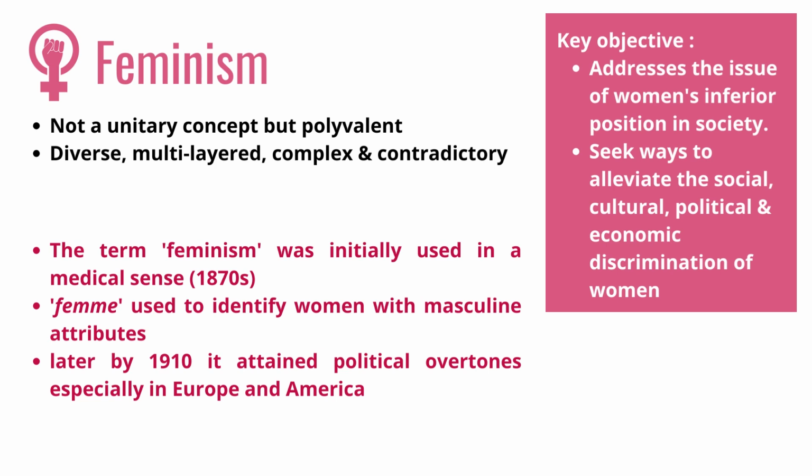So, the basic agenda of feminist writers or activists is to address the issue of women's inferior position in society. Women are always considered as the second sex. They are given a secondary status in society. We know many things have changed, but still, this ideology prevails even now.